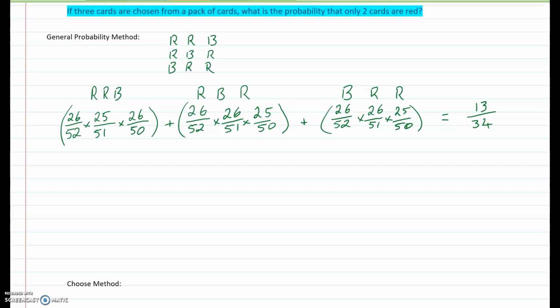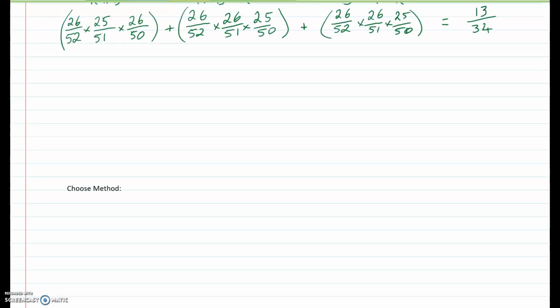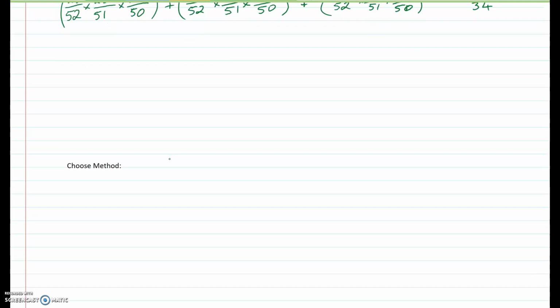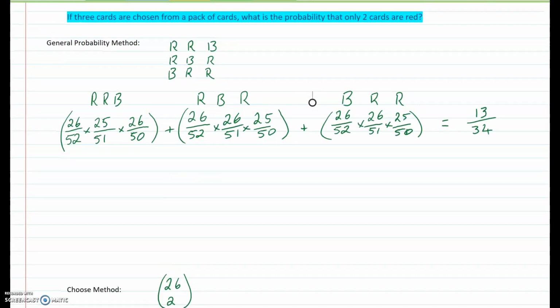Okay, now the choose method. Well, what am I doing here? Remember the question here, I want two cards that are red, so obviously the other one has to be black. So I'm choosing two red cards out of 26. So I have 26 choose two, and I want to choose one black card from 26 black cards.